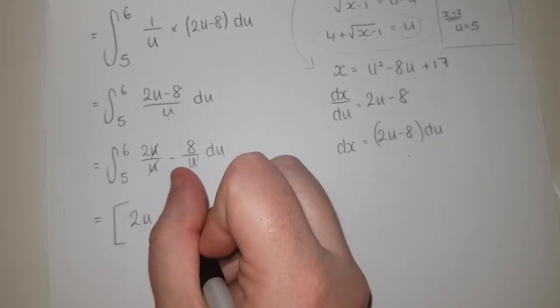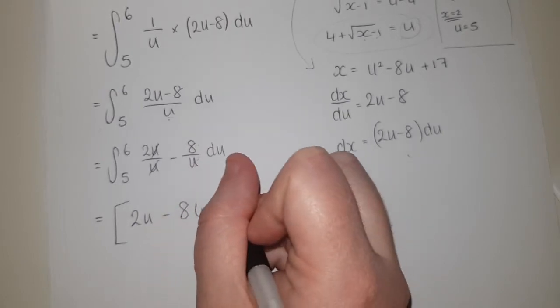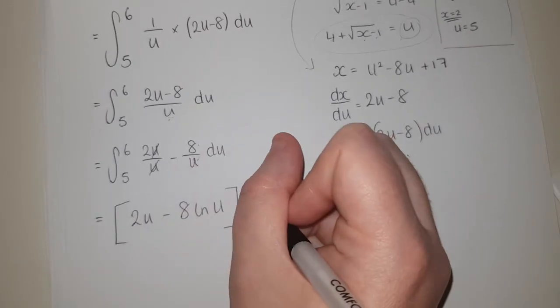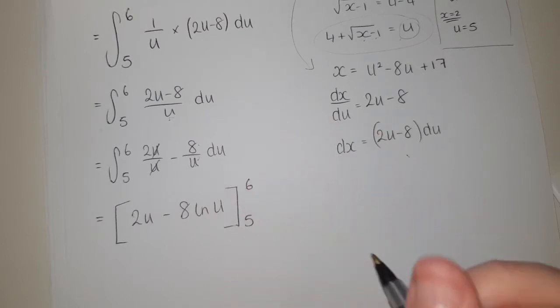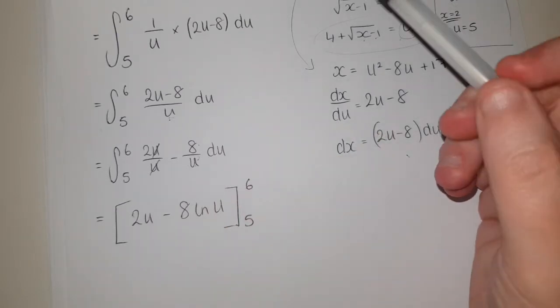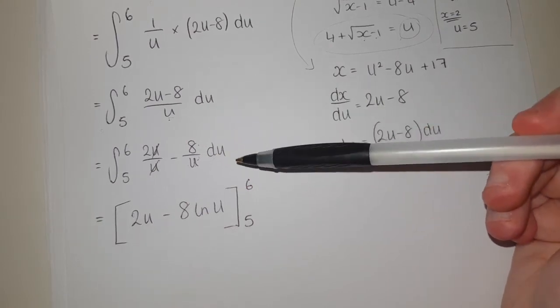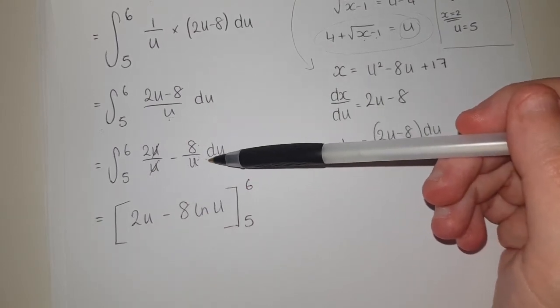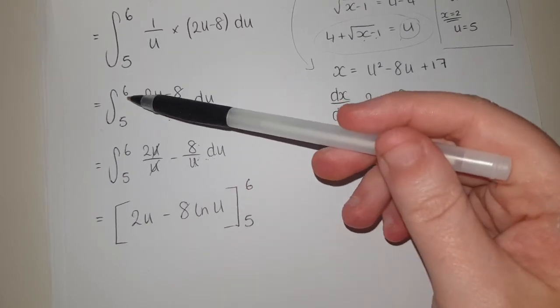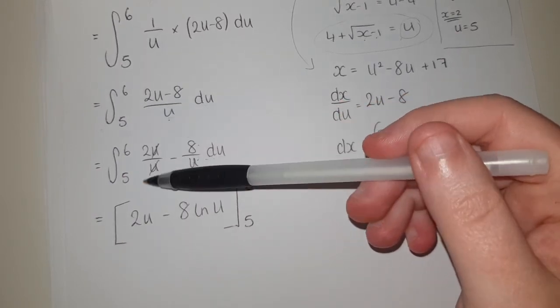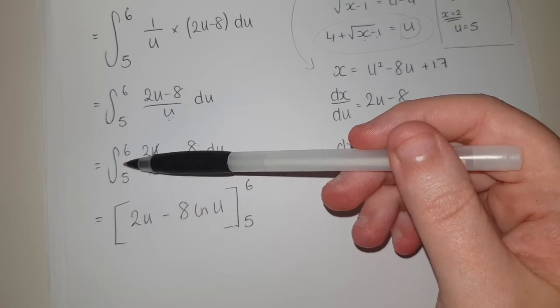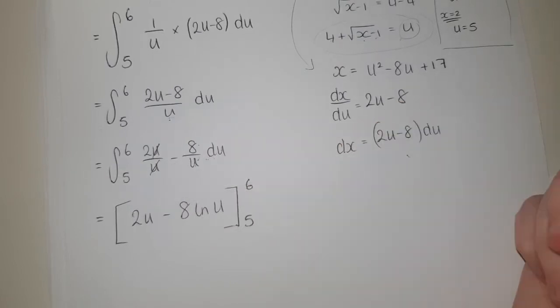I want 8, so I want 8 lots of ln u, and we're integrating between 6 and 5. Just be very careful in these questions, because there's a lot of manipulating terms to get to a point of integrating. It is quite common for people to get to this point and think they've already integrated. So just make sure you're consistent with writing down your notation to know that you haven't actually integrated yet. That's why you've still got your integral sign.